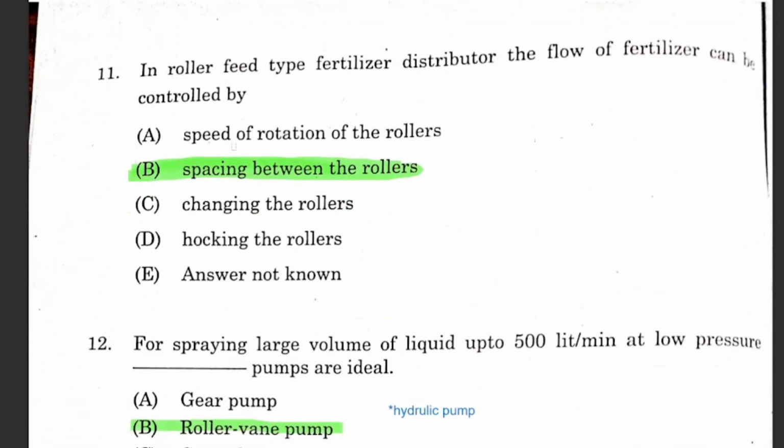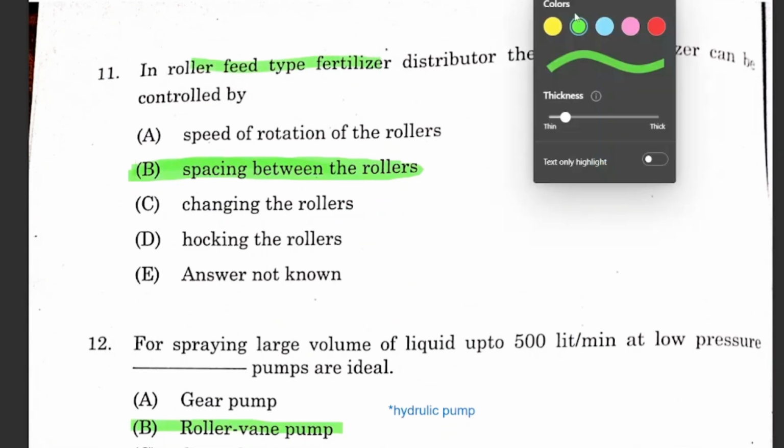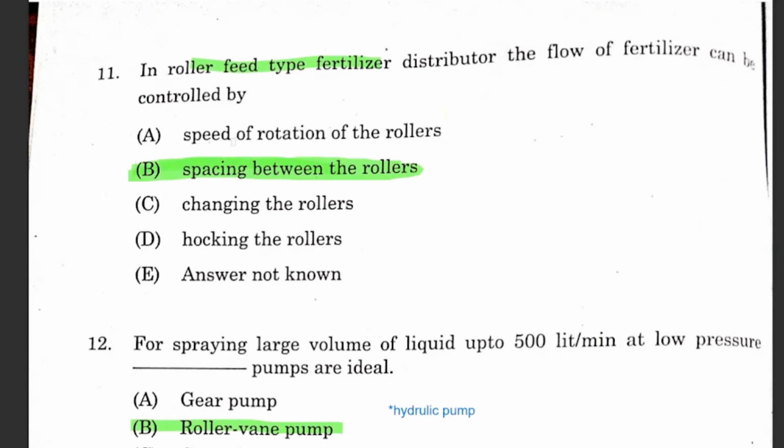Question number 11: in a roller feed type fertilizer distributor, the flow of fertilizer can be controlled by adjusting the spacing between the rollers.